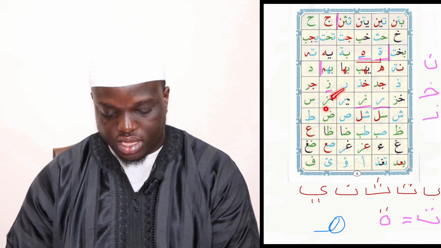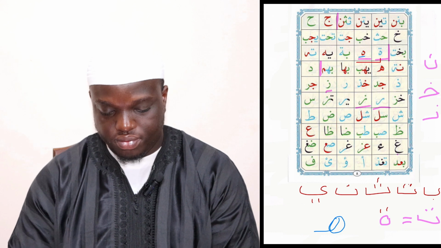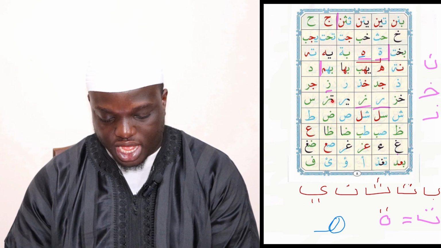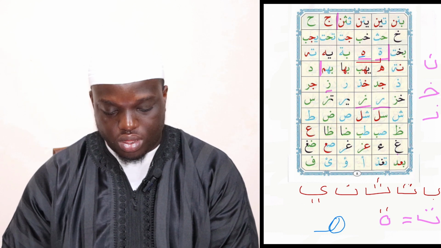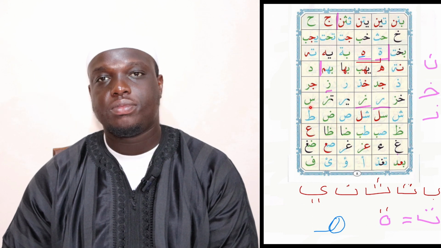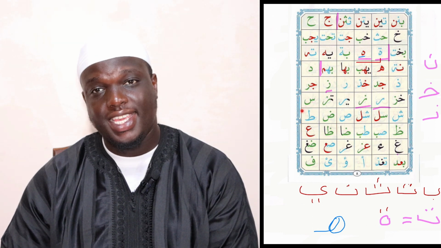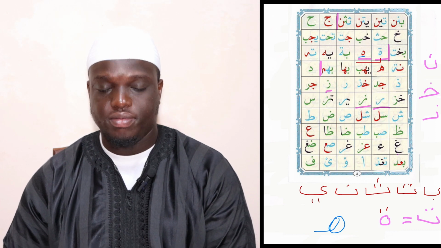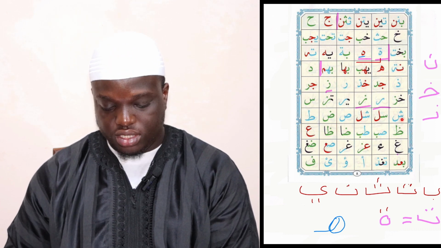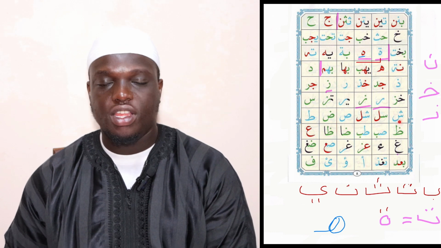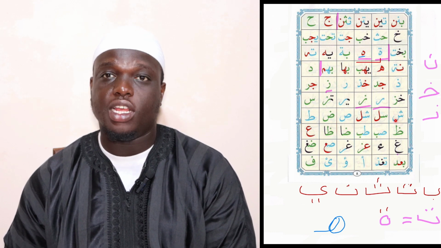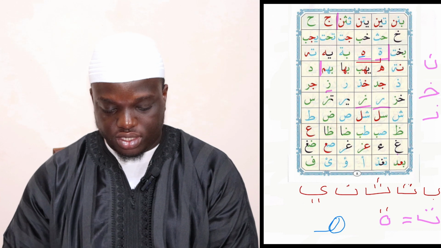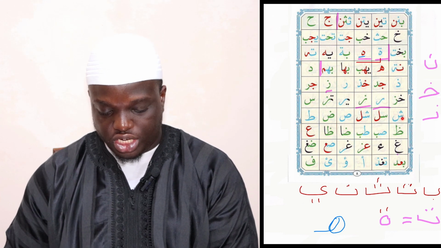So ta za. We know this right here is what? Obvious. Seen. Because I studied lesson 1 and I practiced and I mastered it. What letter is this? Sheen. So this is seen, sheen.